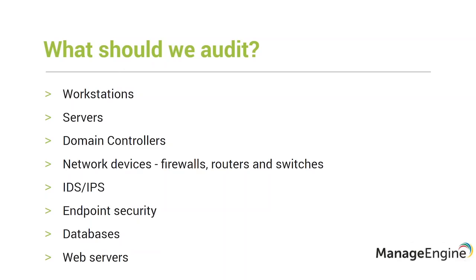And of course, there isn't a clear-cut answer to this because often we have budget restrictions, we have restrictions on the amount of bandwidth and processing capability in our IT infrastructures, and obviously a big bank is going to have much more processing power compared to say a small or medium business. So there's no clear-cut formula to decide exactly what are the systems to audit. But to put it very simply, you need to audit every single system that is of concern to you. And most importantly, you need to audit the right set of events on those systems.